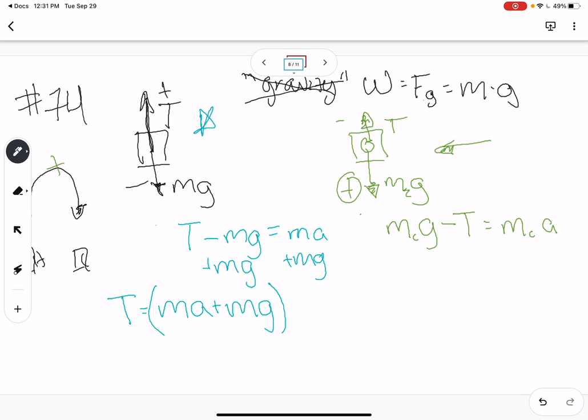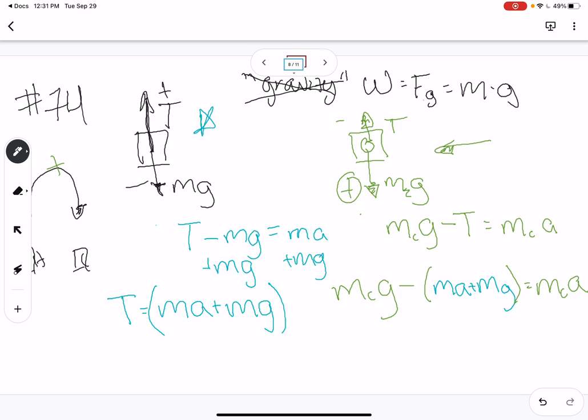Right, we can replace tension in the second equation: mass of the chandelier times gravity minus ma plus mg from our Robin Hood part equals mass of the chandelier times acceleration.